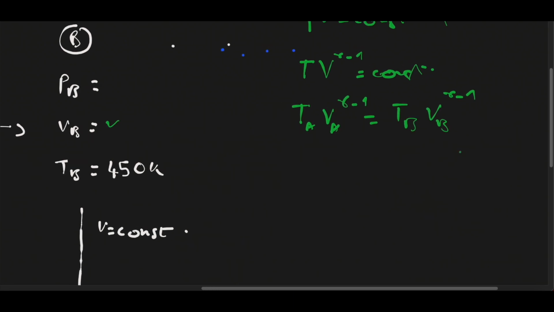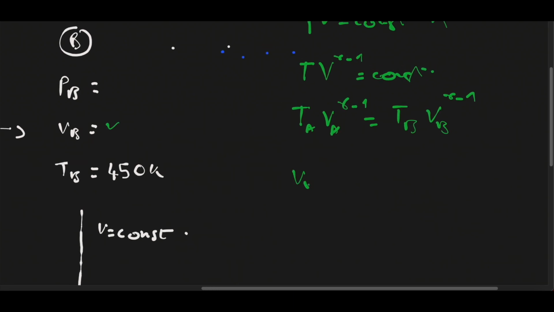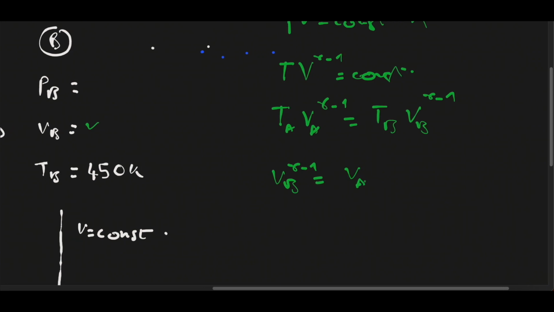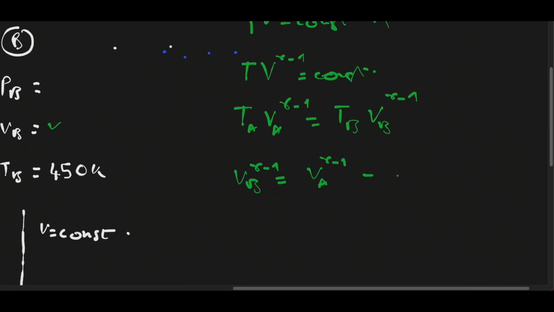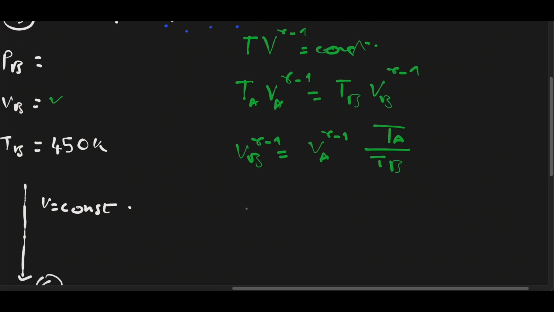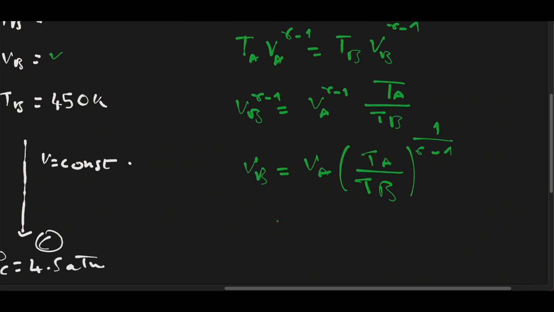Now I can determine the volume in state B, which is V_B equal to V_A times T_A over T_B, to the power 1 over gamma minus 1. So we have just to replace by each value.